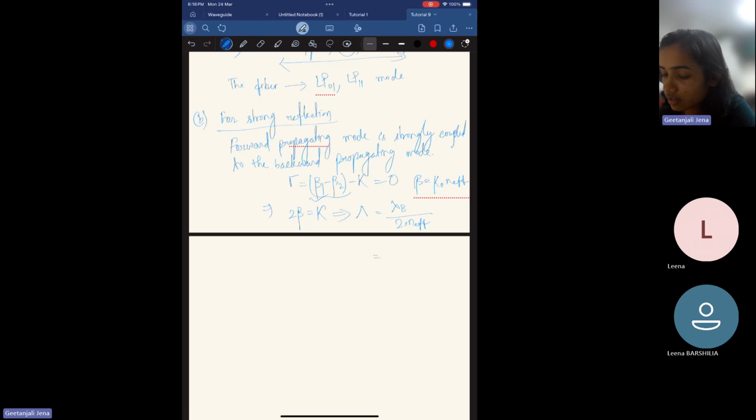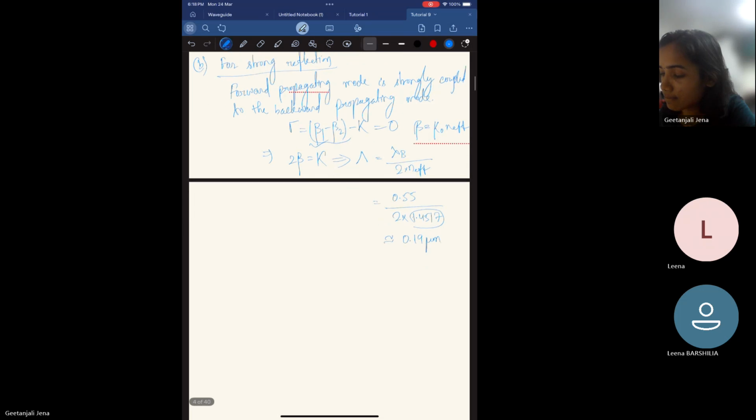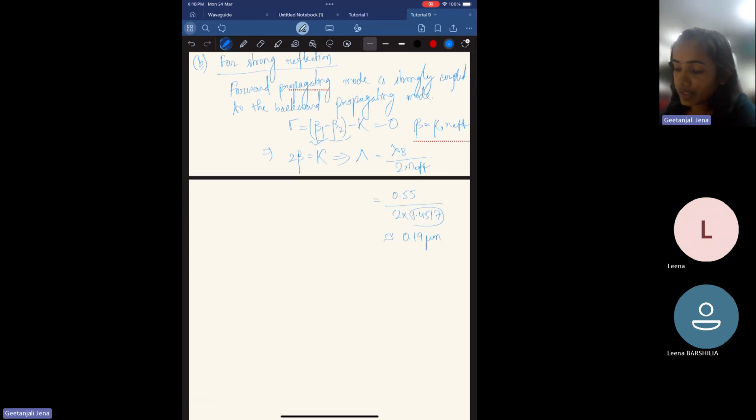Lambda B is already given in the question. It is 0.55, and 2 into 1.4517, which is also given in the question. So this will give approximately 0.19 micrometer. That means the spatial period should be in the order of 0.2 micrometer.